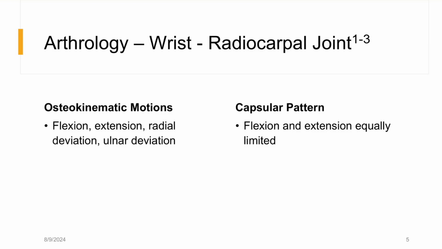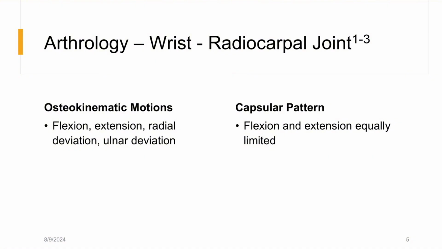Now we need to be performing special tests that assess the integrity of the joint. So a capsular pattern of restriction should direct you to special tests that assess the joint capsule integrity. Now we don't just want to know the capsular pattern, we want to know why the capsular pattern is significant. And so that is why the capsular pattern is significant.